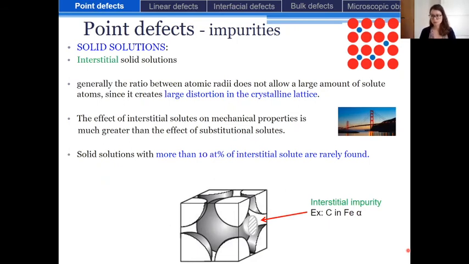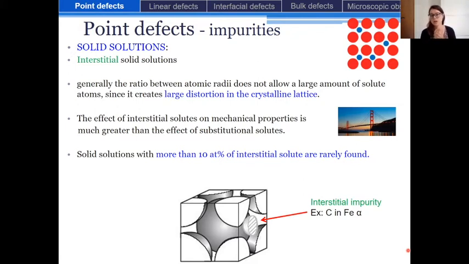Regarding interstitial solid solutions, let's remember we have impurity atoms that fill the voids or interstices among the solvent atoms in the crystal structure. Considering the atomic packing factor in metals, when the atomic packing factor is high, the space available for this solute atom is rather low. And so we have to consider the diameter of this solute atom, which must be really smaller than that of the solvent atom.